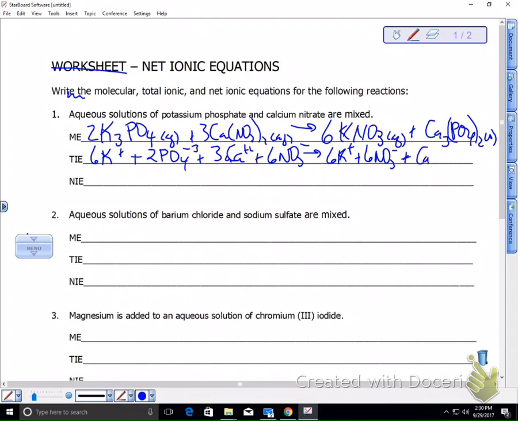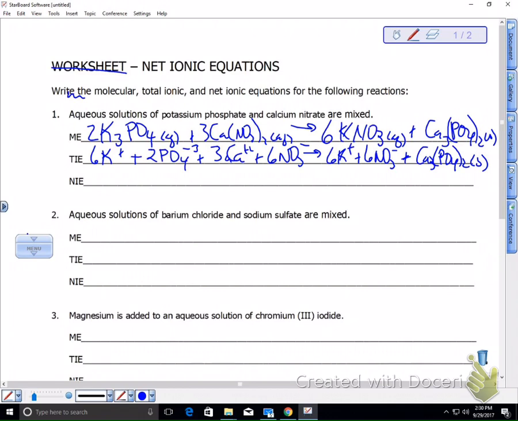It's a solid, it's not an electrolyte, or at least not a strong electrolyte, and we're just going to bring it down. Only breaking up aqueous stuff here that's a strong electrolyte.